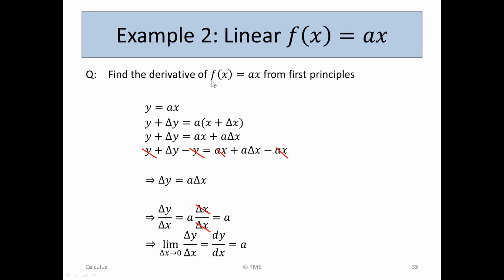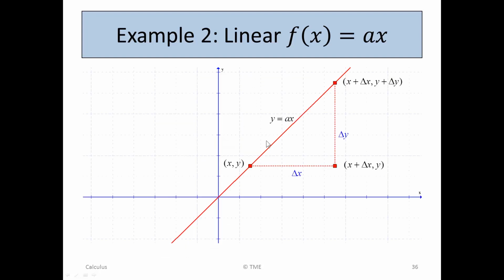So again, if somebody said f(x) is ax or f(x) is 3x, then dy/dx will be 3. If f(x) is ax, then dy/dx is just the a, the coefficient before the x. And here we've got the example of the line y is equal to ax, the point (x, y), and the point (x plus delta x, y plus delta y).